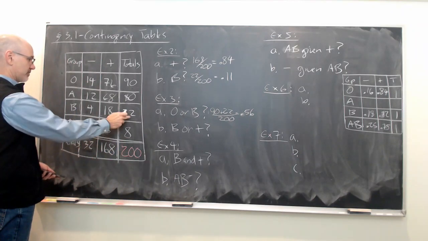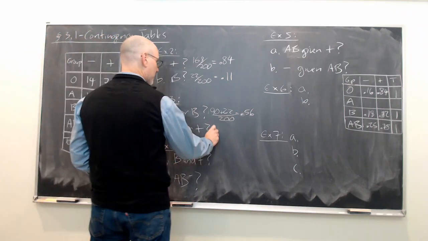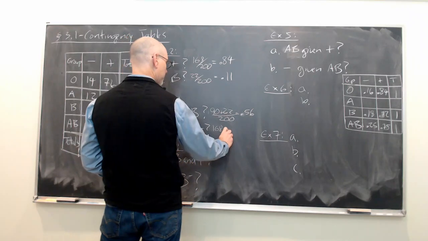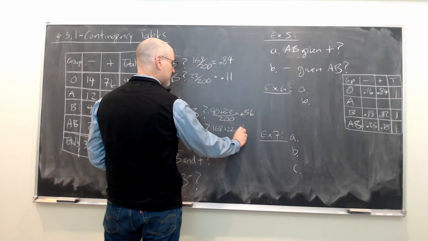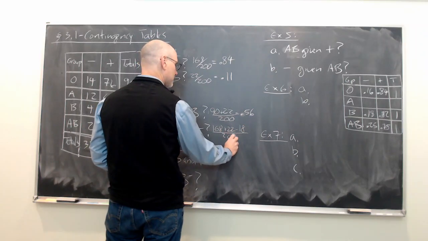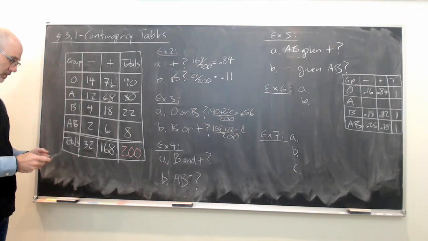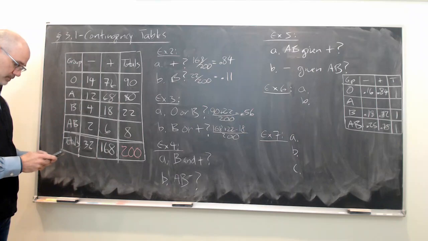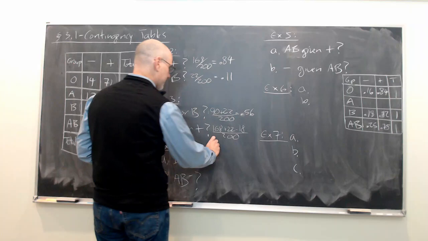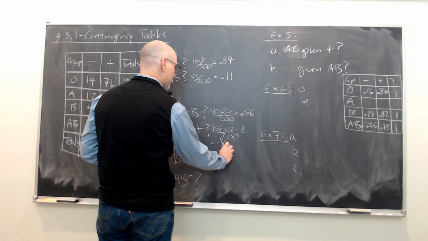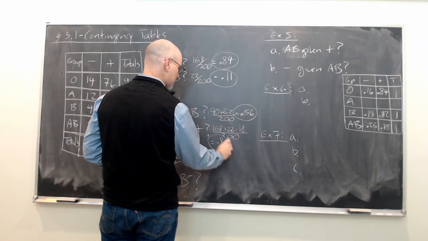We counted them as part of B and as part of the positive. So this would be 168 positive people plus 22 B types minus the 18 that we counted twice. In total, that's 0.86, or 86%.